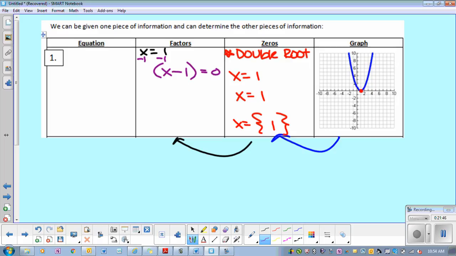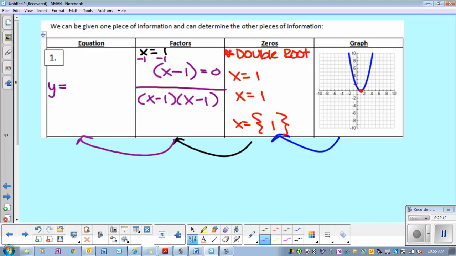And now I have 2 of those. So really my answer is x minus 1 times x minus 1 here. Do you agree? Tom, write this down. And then from your factors to your equation, it's basically the same thing, except you're putting a y equals.